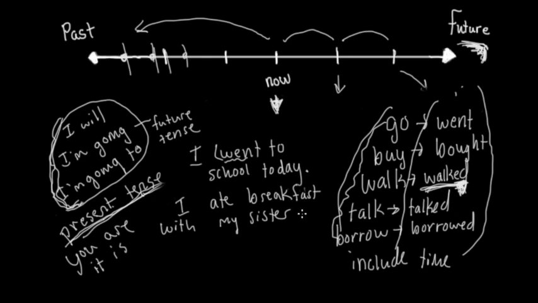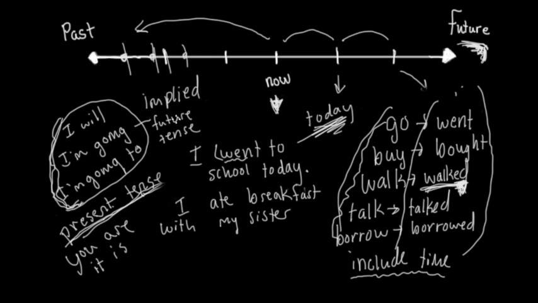Now I could stop here. And this would be a situation where I don't need to include time or say time. Why not? Because if I say it, it means today. Because if it was yesterday, I must say yesterday. So sometimes when it happened is implied.